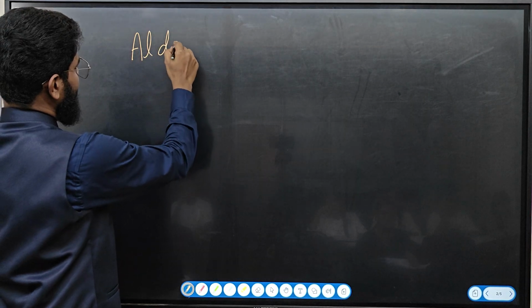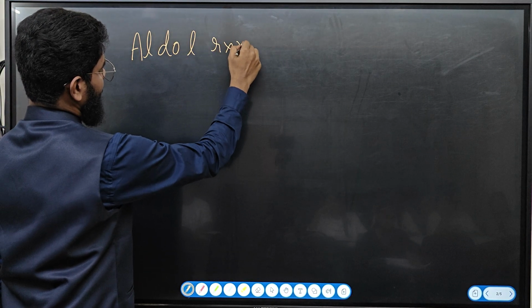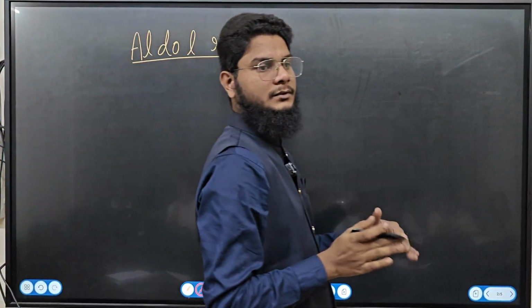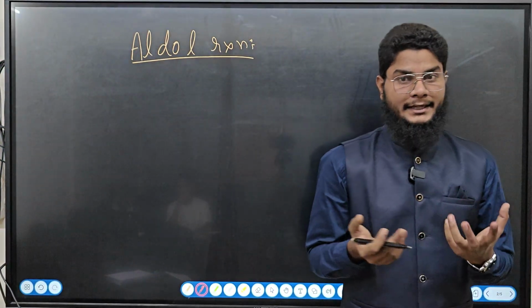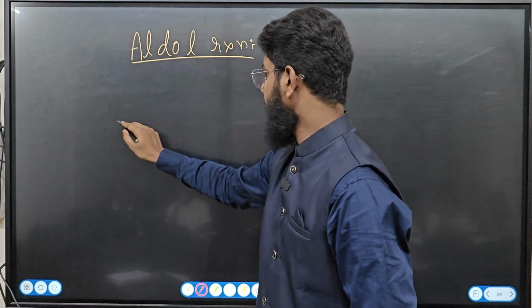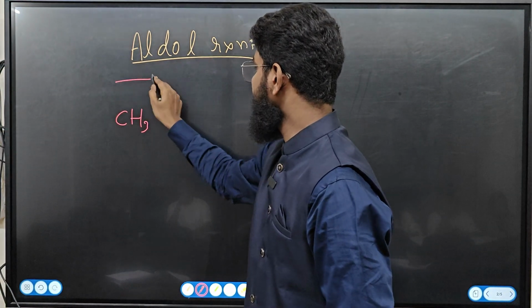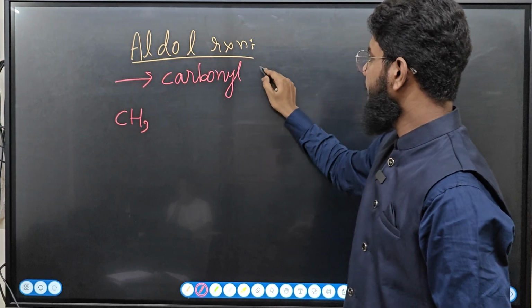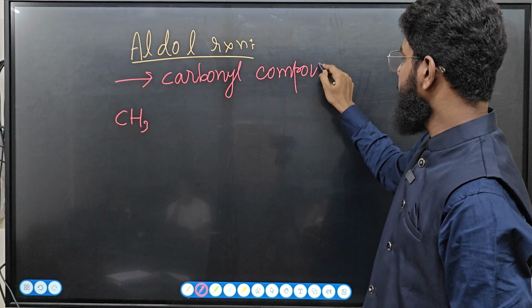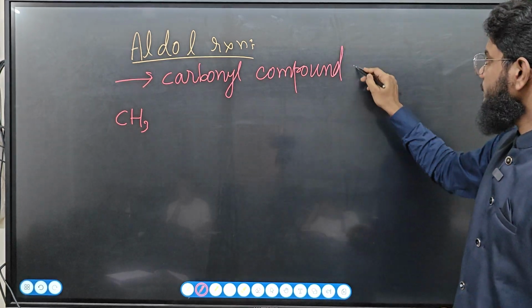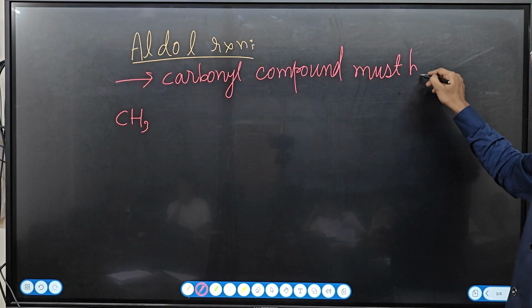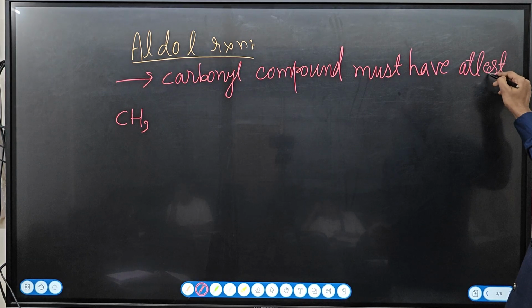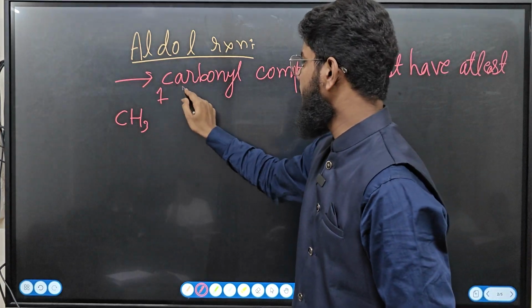Aldol. Any carbonyl compound reacting with a dilute base like NaOH, KOH, having alpha hydrogen. So first, the carbonyl compound must have at least one alpha hydrogen.